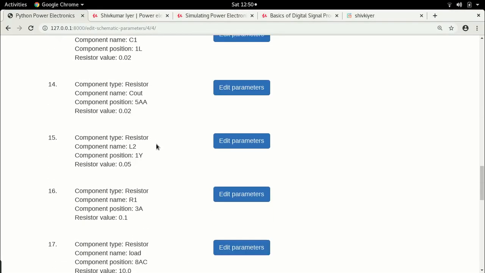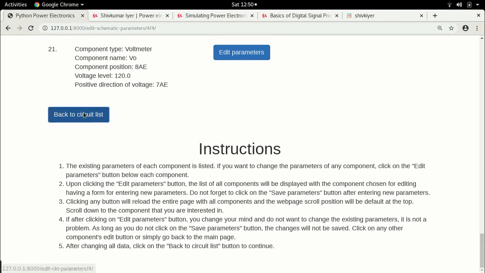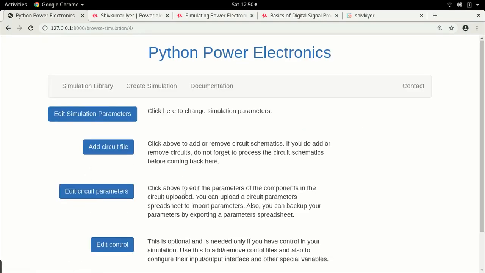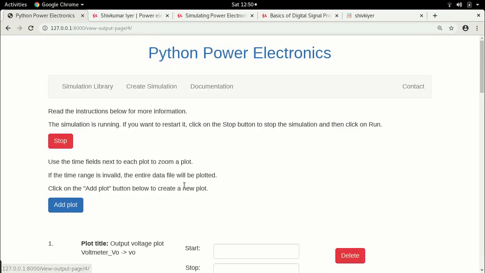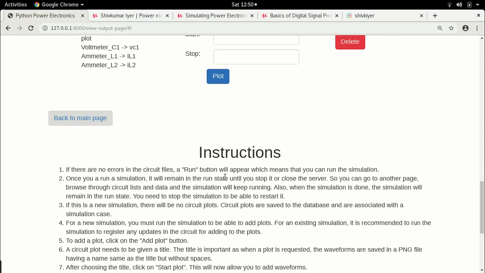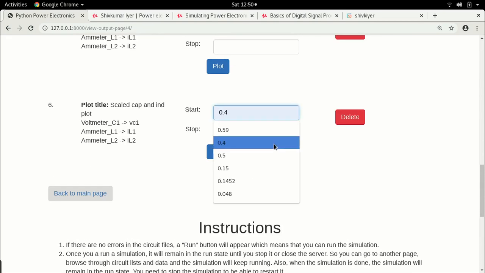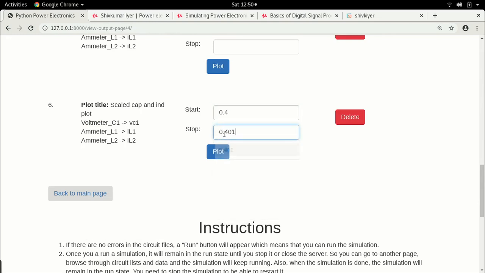So let's go back and view output, and let's just go plot this again. This is the last plot where we are comparing everything together, 0.4 to 0.401.